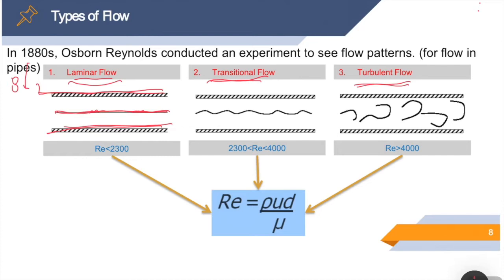Then there are some bursts which happen in transition flow. This is when the flow wants to change to a more rapid movement, turbulent flow. Turbulent flow is characterized by rapid zigzags and disorderly flow, and it becomes fully disordered and zigzag. These zigzags and dispersion of the dye are indicative of fluctuations in the main flow and rapid mixing of fluid particles.